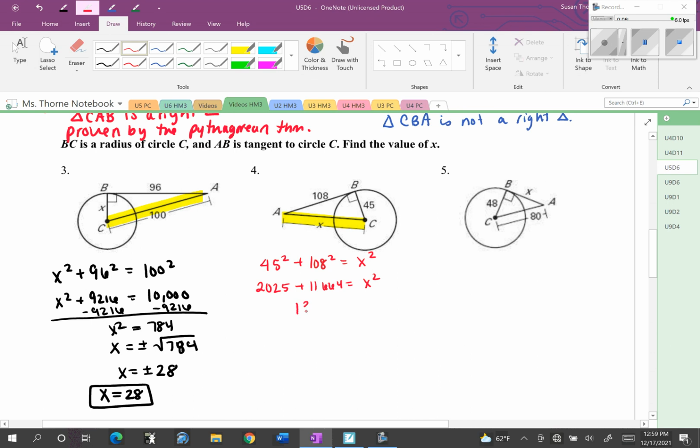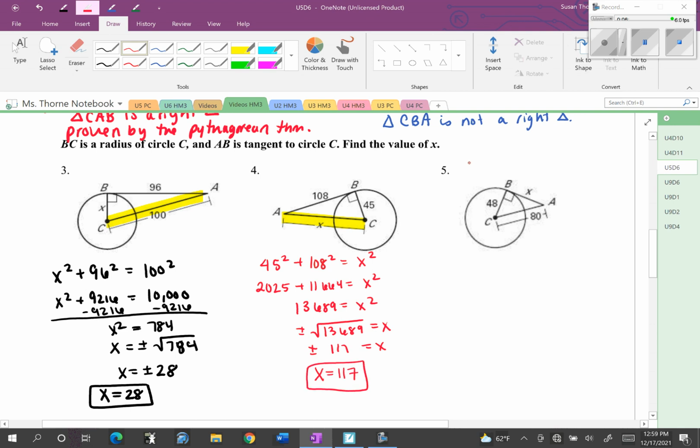So when we add those together, we get 13,689 equals x squared. Take plus or minus the square root of that. And we get plus or minus 117 equals x. But again, we can't use a negative length, so x is equal to 117.